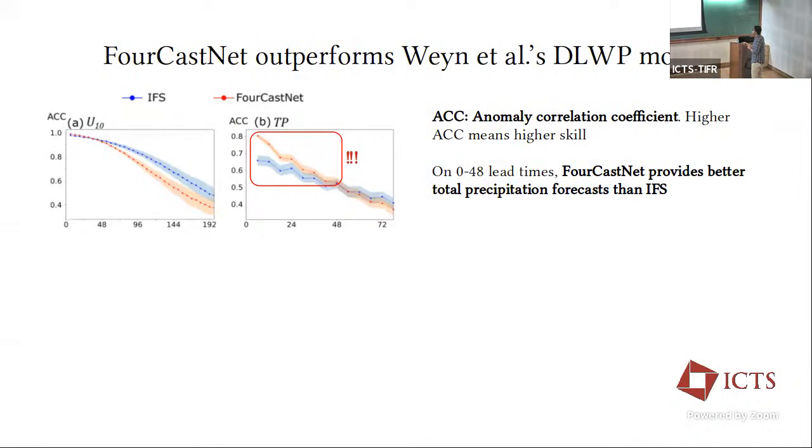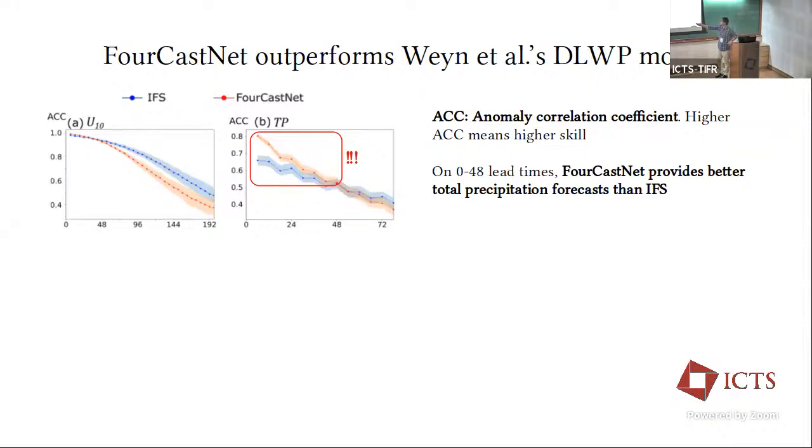Now, the most striking thing is the total precipitation, TP, here. Sorry, so this was the surface wind at 10 meters, the zonal wind at the surface. And this is the total precipitation, which was diagnosed using a different model, if you remember the architecture. The ACC here is pretty amazing because it suggests that for shorter lead times of up to 2 days, ForecastNet, the ML-driven model, actually outperforms the state-of-the-art forecasting model, which is shown in blue.